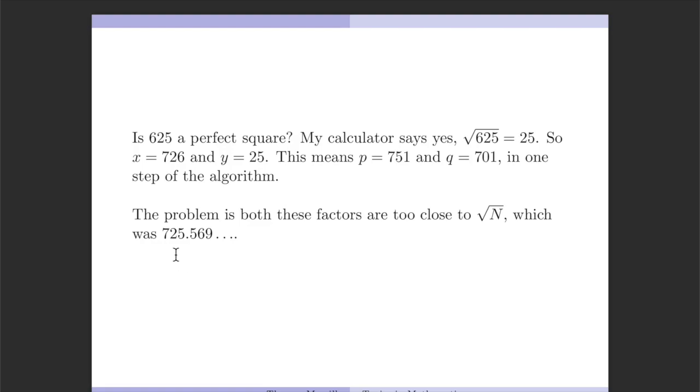One of them is less than that square root, one of them is greater than that square root, but they're really close to it. They're only off by 25, 26. That's too close. Because they are so close together, it lets Fermat's algorithm find those prime factors very quickly. We didn't even have to do more than one step of the algorithm.